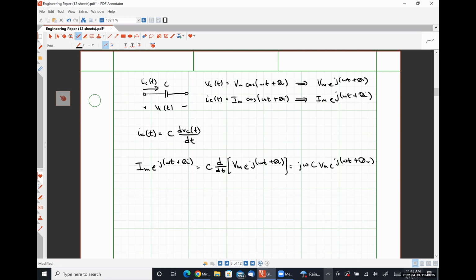Once again, we will break up our exponential functions into two portions.